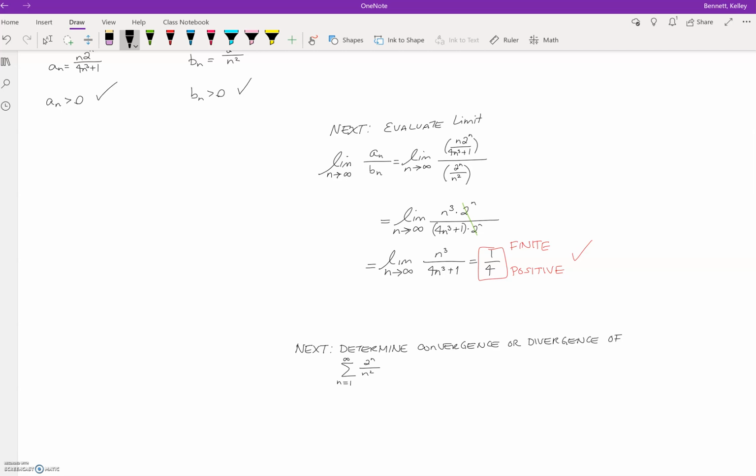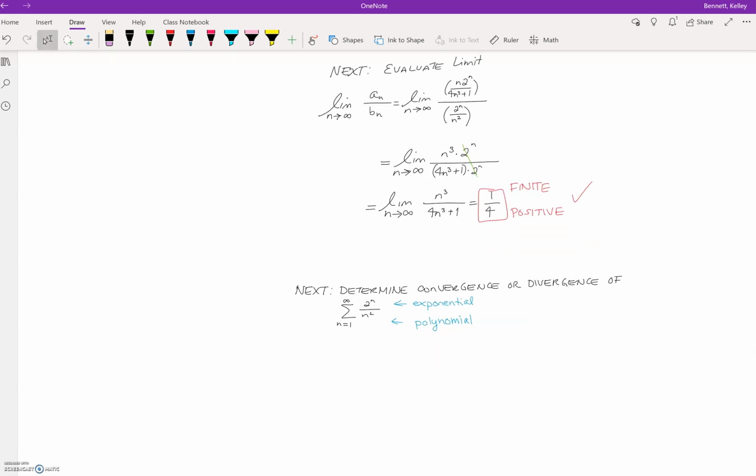So just to be clear, we're looking at exponential and polynomial. Exponential always kicks polynomials' butt. That's just a fact of life. So because I suspect that this diverges, I'm going to use the nth term divergence test.